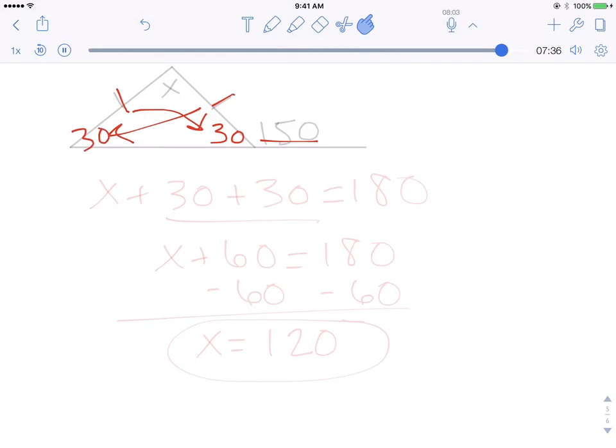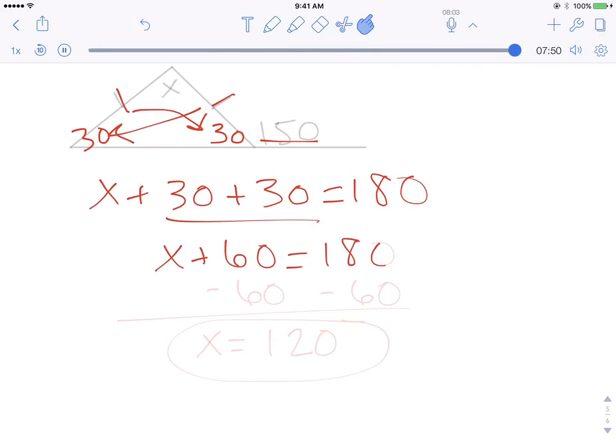So this angle over here would also have to be 30. Now we can write a statement, x plus 30 plus 30 equals 180. Combine like terms, x plus 60 equals 180. Subtract 60 from both sides, x equals 120.